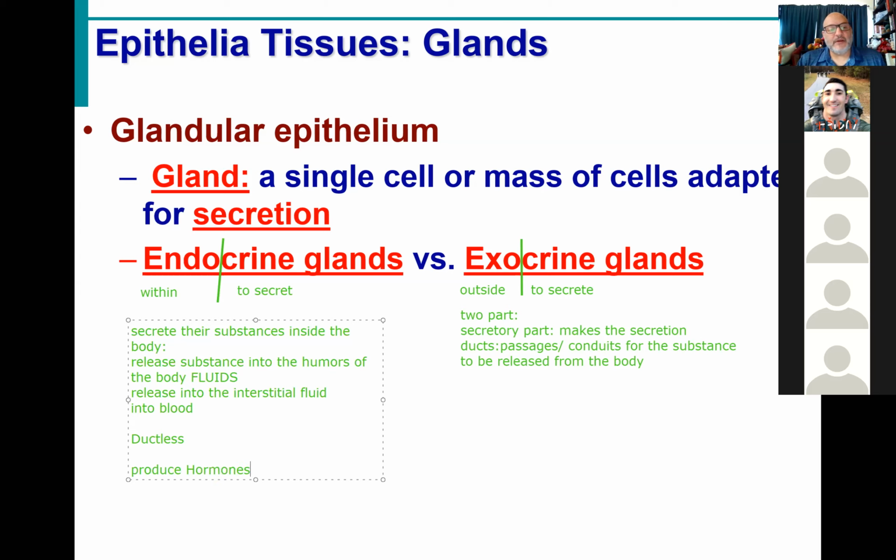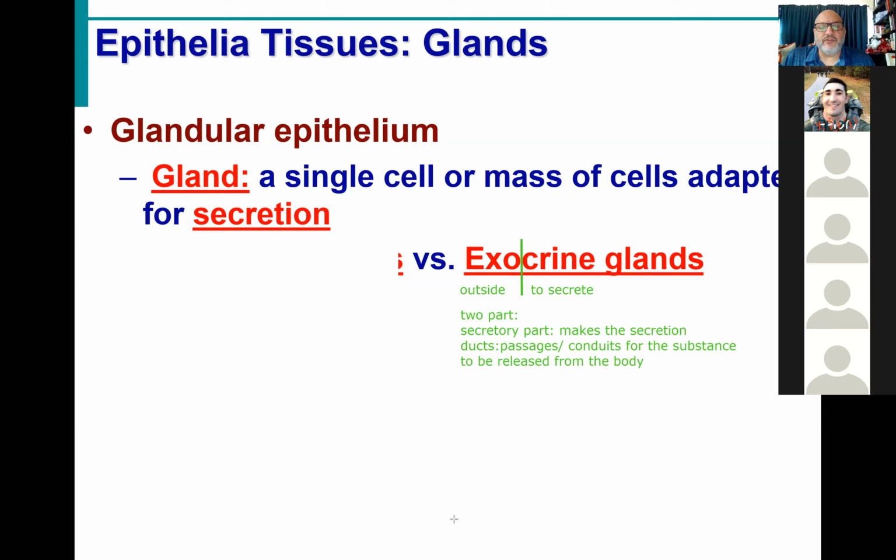Exactly. All right. Now, endocrine glands, we need to know the difference of definitions of these, but obviously the endocrine glands we will talk about in much more detail when we get to the endocrine system in 431. So what we are going to be focusing on right now is primarily our exocrine glands. So our goal is going to be to ignore those endocrine glands for now and to focus on our exocrine glands.